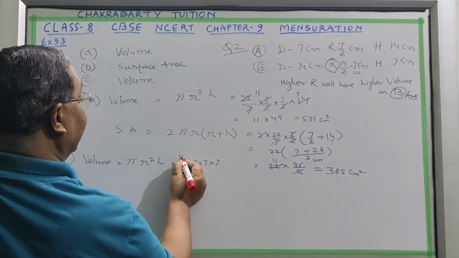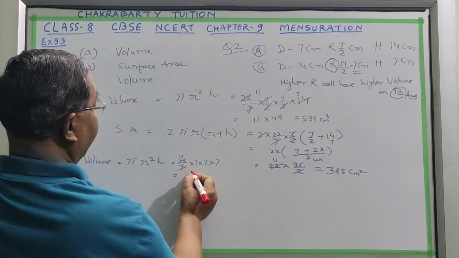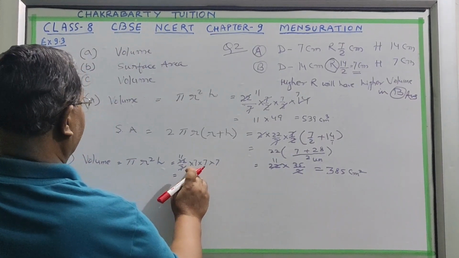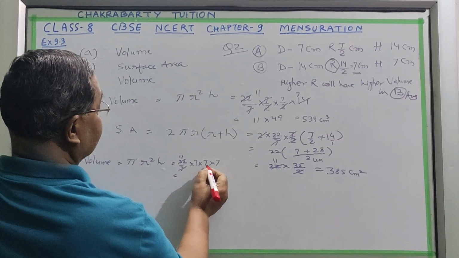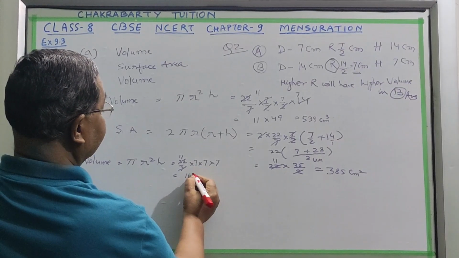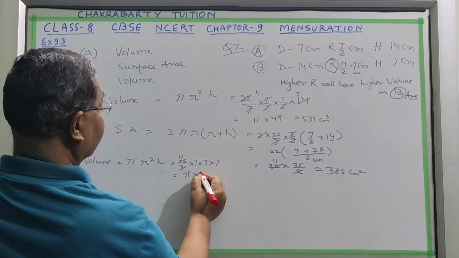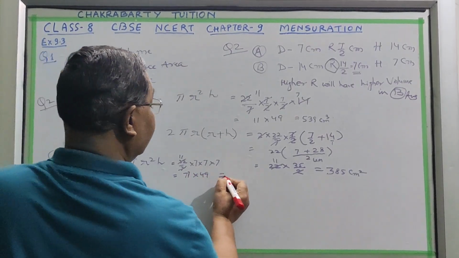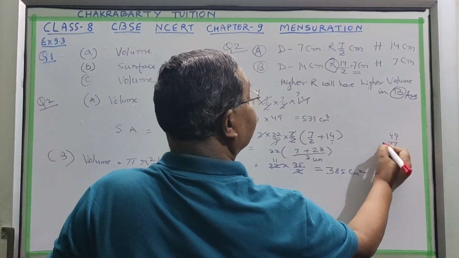So it will come 11 into 7 into 7 into 7, which is r square h. So 77 into 49, we can multiply 49 and 77.